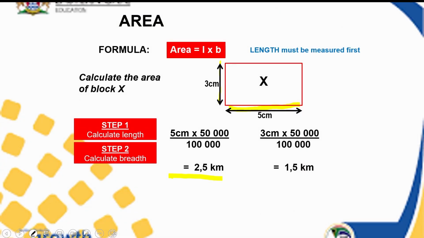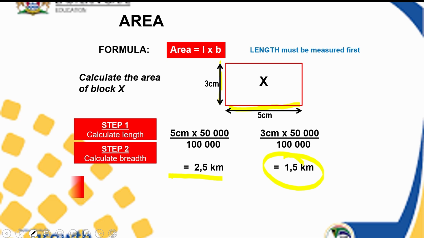For instance, here, it is 50,000. So you multiply by 50,000 divided by 100,000, so as to get your answer in kilometers. So the length of this area is 2.5 kilometers. And the breadth was 3 centimeters. Then you multiply it by the scale, and then you get 1.5 kilometers.